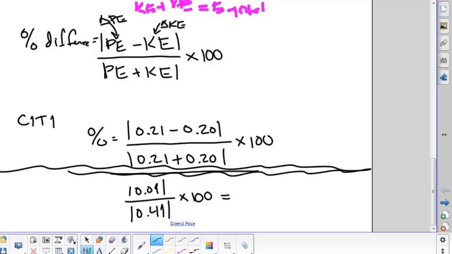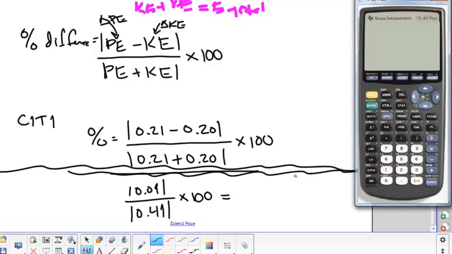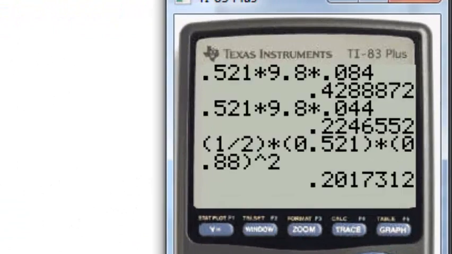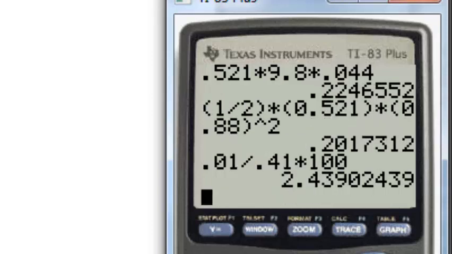And I'll do the division first. Okay, here we go, 0.0 something. They're already positive numbers. And I get a stellar percent difference of 2.4%.